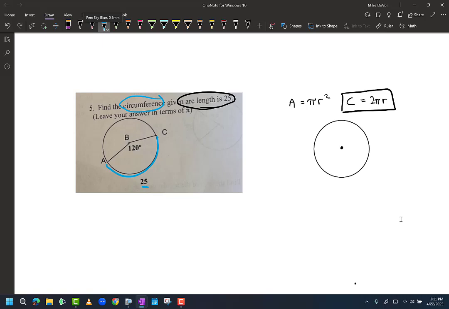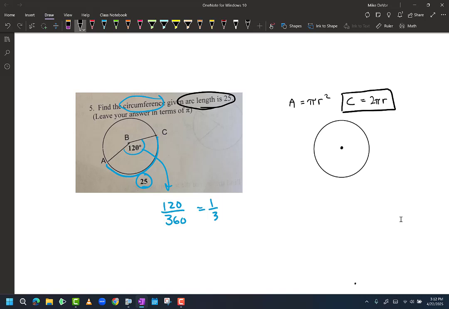What's the fraction? Well, it's 120 over 360. So it's saying that this 25 is 1/3 of the whole circle, right? So it's 1/3 of the circumference.